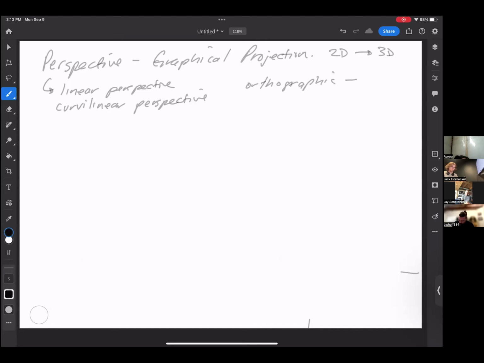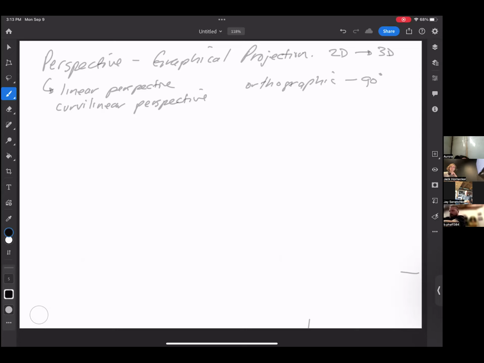Orthographic is just a fancy way of saying that if you're dealing with rectilinear objects, all of the vertical and horizontal lines will be 90 degrees to each other. This is typically used in industrial design or object design, when you're mapping out the fronts, the sides, the tops, the bottoms of an object, for its projection into a perspective-based system.